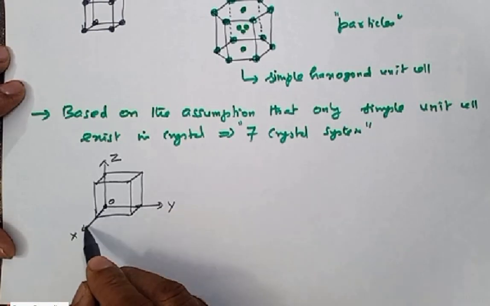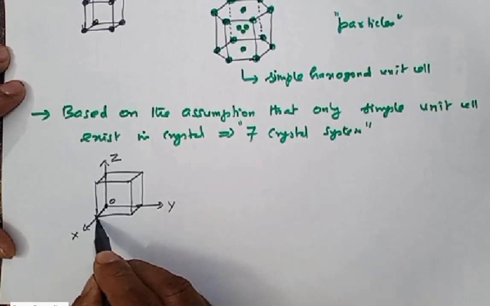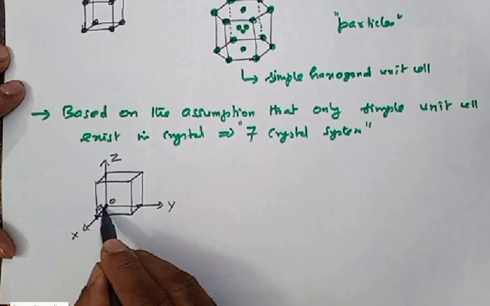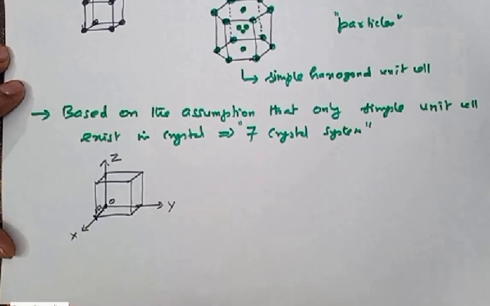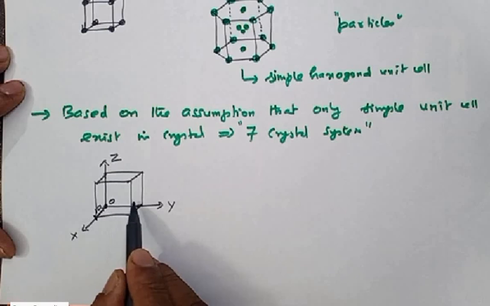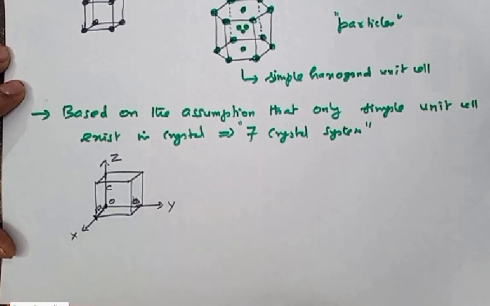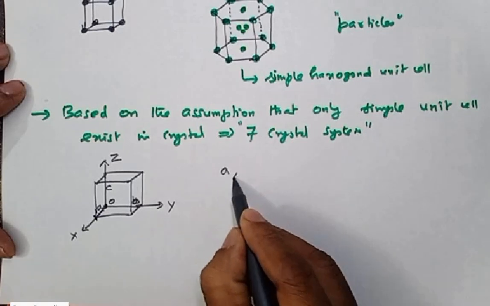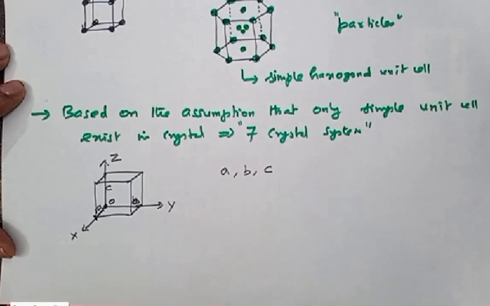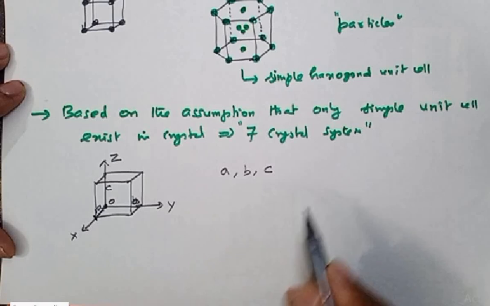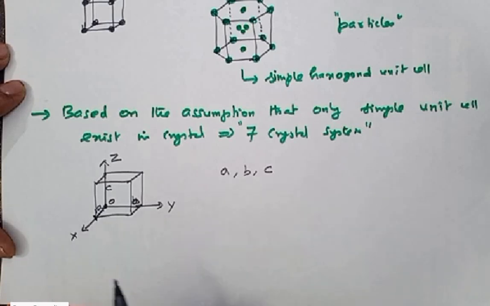Listen, along the x-axis, this unit cell makes an intercept here. Let the length of that intercept be a, the y-axis length be b, and the z-axis length be c. So 3 length parameters: a, b, c. And there are 3 angle parameters. What are they?